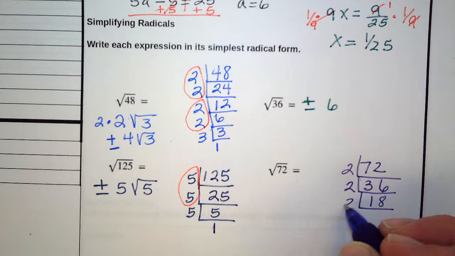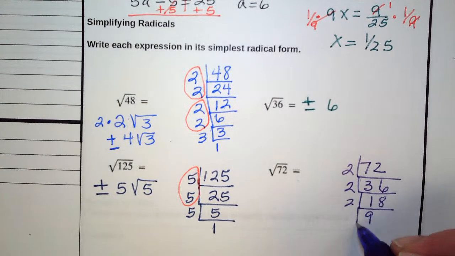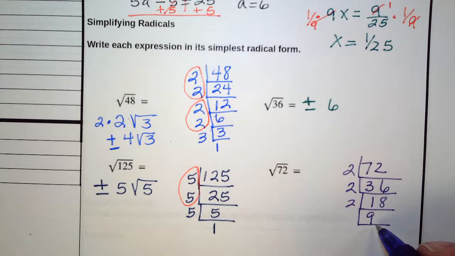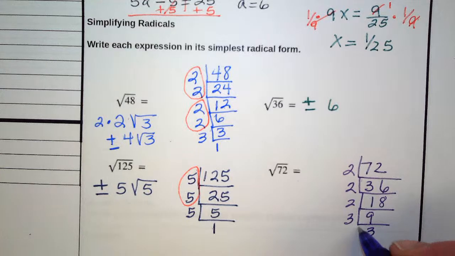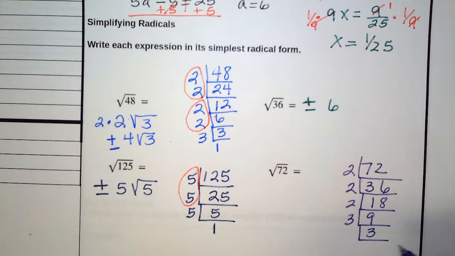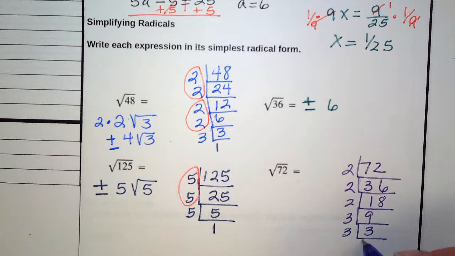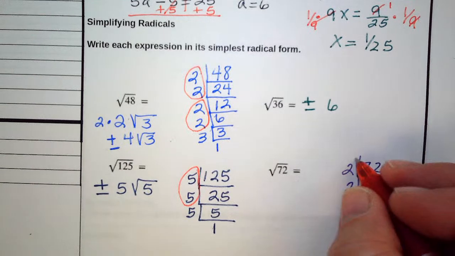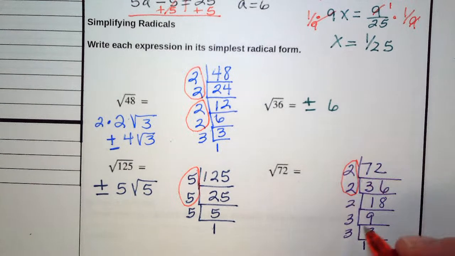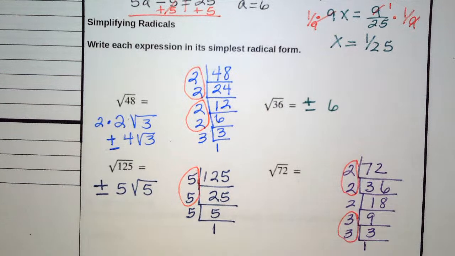18 divided by 2 gives me 9. 9 is not even, so I've got to see if it's divisible by 3. It is. Divide by 3, I get 3. 3 is prime. Divided by 3 again, and you get 1. 1 and you're done. You have a pair of 2s, and you have a pair of 3s.